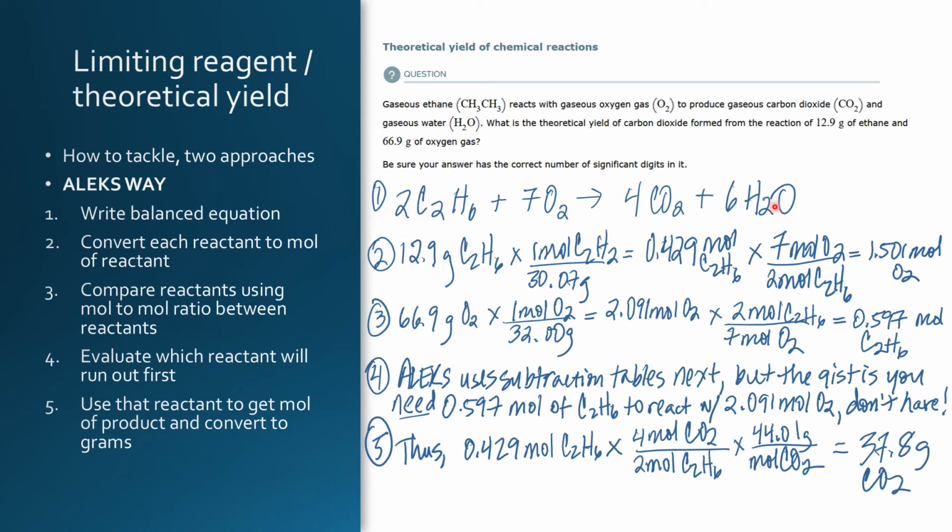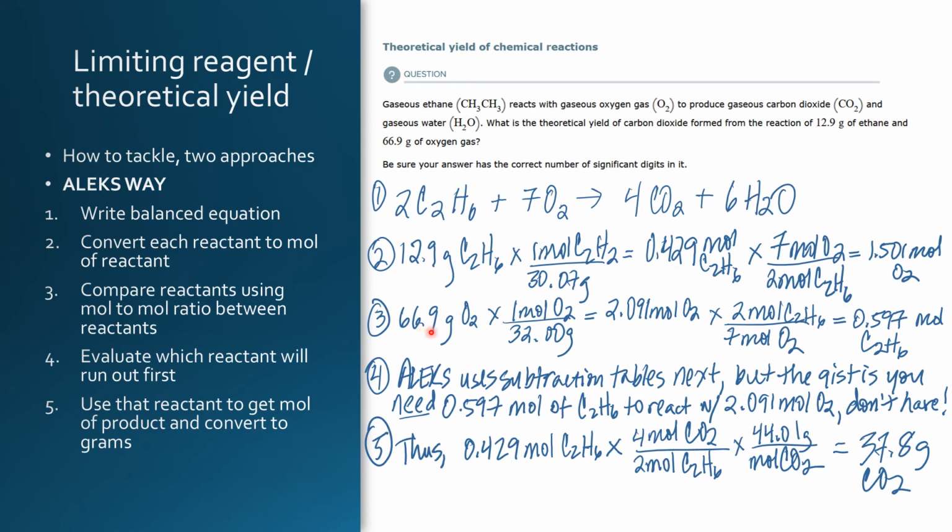Once again, we have our balanced equation. We take grams of C2H6 ethane and convert to moles of ethane. From there, the strategy is that we take 7 moles of O2, compared to 2 moles of ethane, that's our mole-to-mole ratio between reactants, to find out that we need approximately 1.5 moles of oxygen to react with 0.429 moles of ethane.